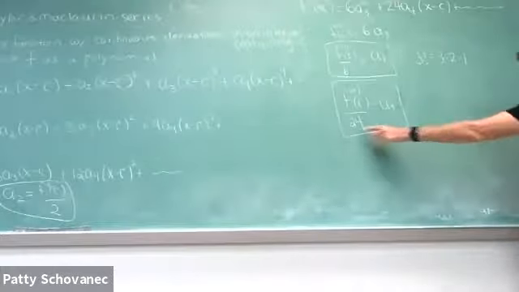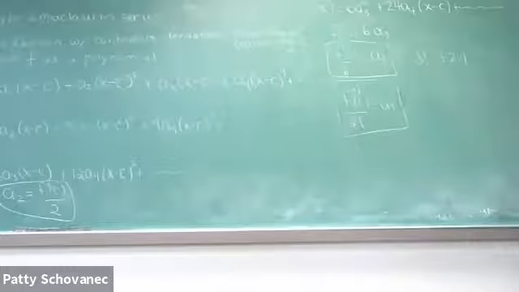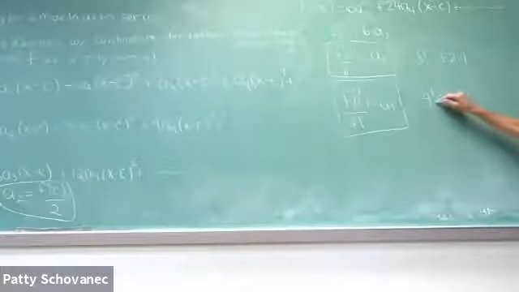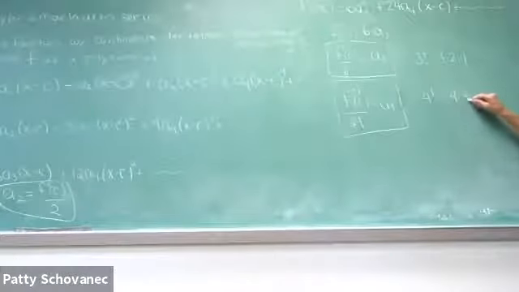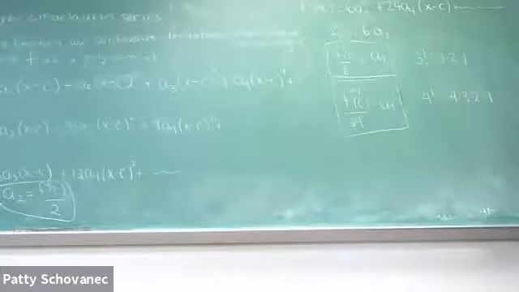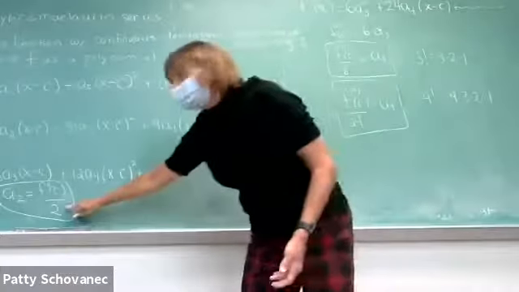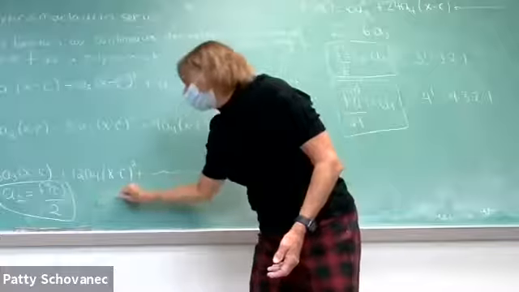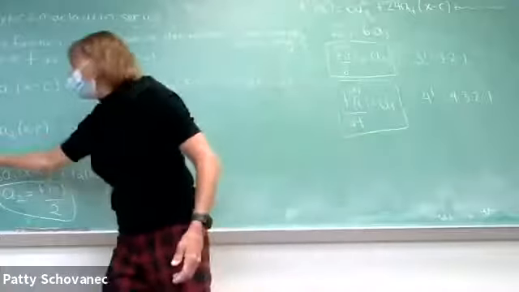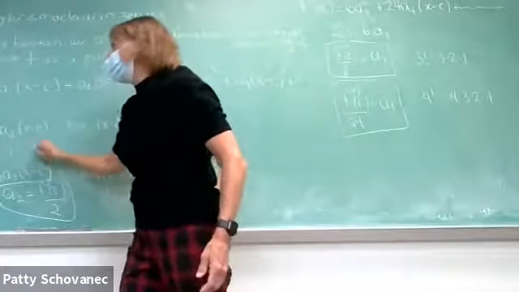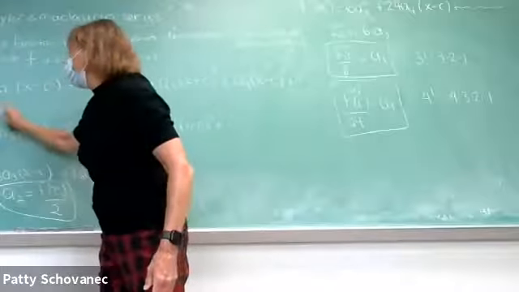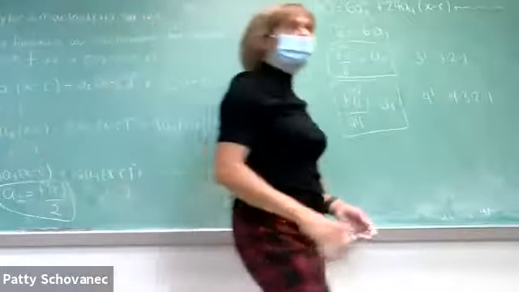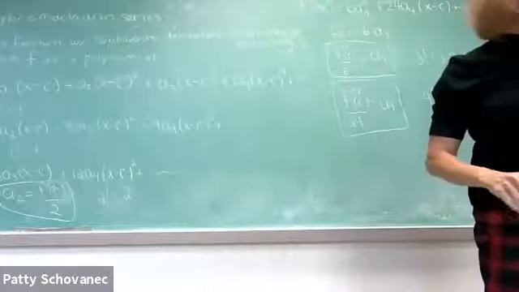And that 24, take a wild guess, is 4 factorial. 2 is the same as 2 factorial. And then, of course, 1 is the same as 1 factorial. And 0 factorial is also a 1. So that's where Taylor's formula came from.